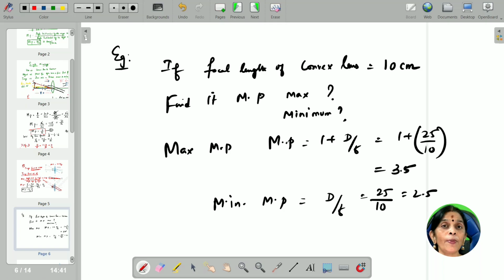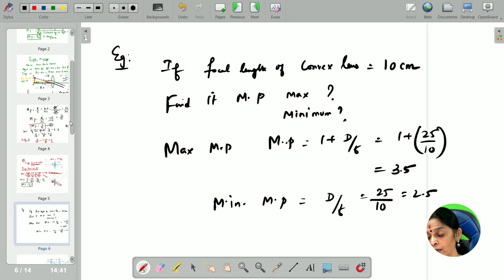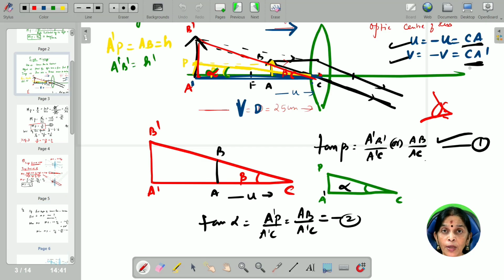Let us go to the next topic, that is the compound microscope. It's very easy. If you know the simple microscope, you can definitely understand the compound microscope. Keep in mind the principle on which the simple microscope works. Where do you place an object?